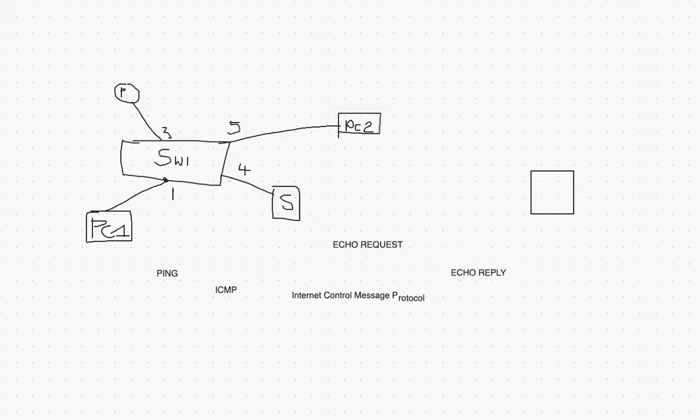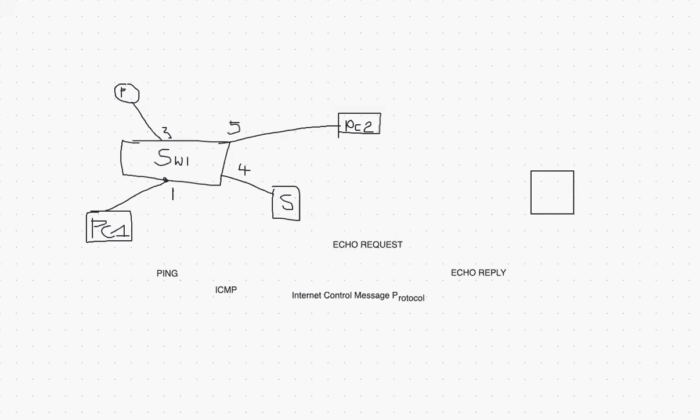So PC1 wants to talk to PC2, it sends an echo request and it expects an echo reply back. There is a code for the echo request. The code number is 0, and when it gets the response back, the code number is 8. It's not mandatory to remember the code number, but if you are interested in the bookish knowledge, the ICMP request is 0, and the ICMP response is 8.